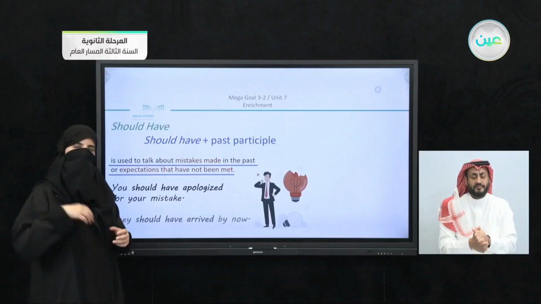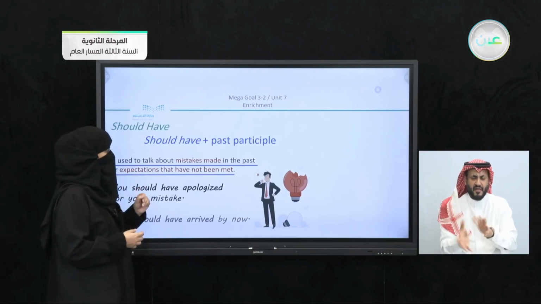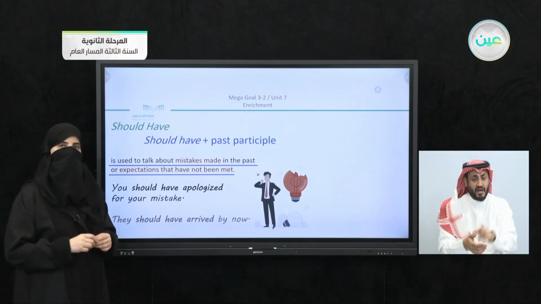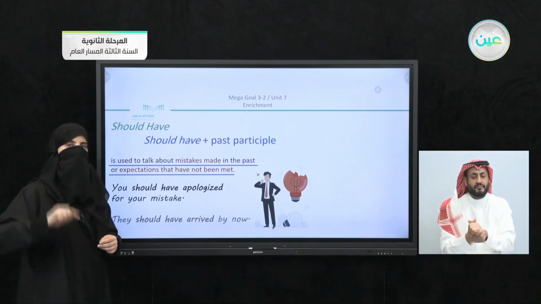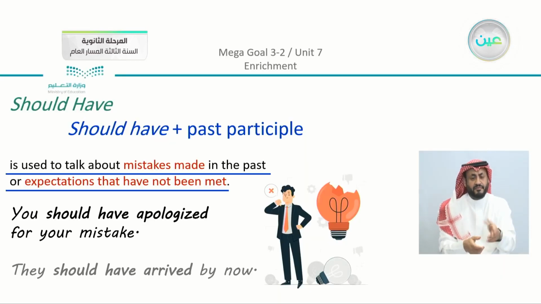Now when you make some kind of mistake and someone advises you, or you advise someone else and say that you shouldn't have done that, or you should have done something else. Now we can say the examples here: you should have apologized for your mistake, or they should have arrived by now. So here we have the difference using should have.